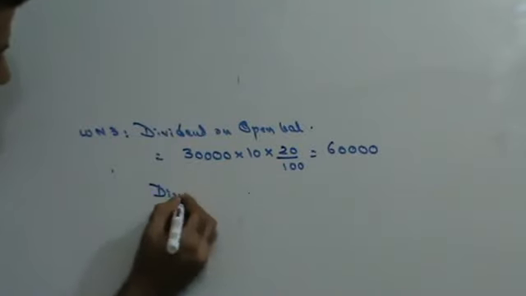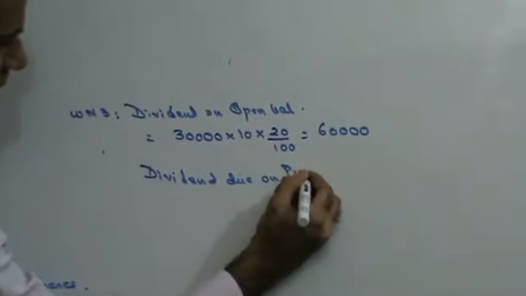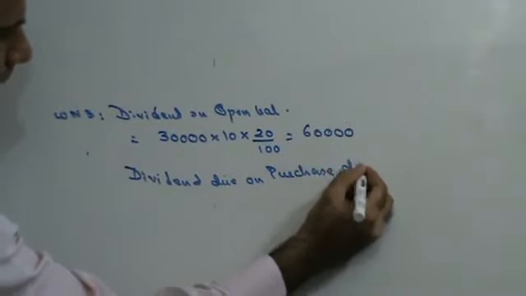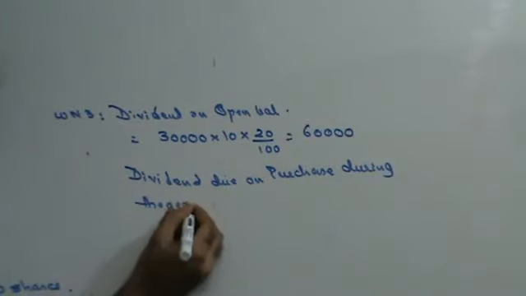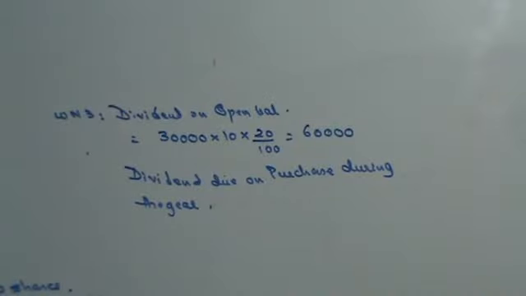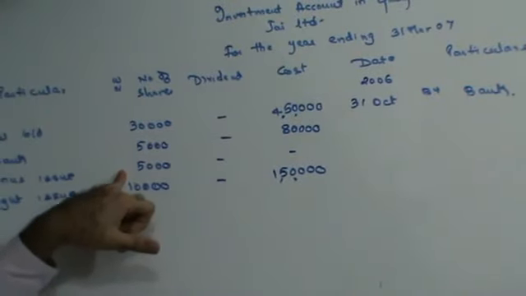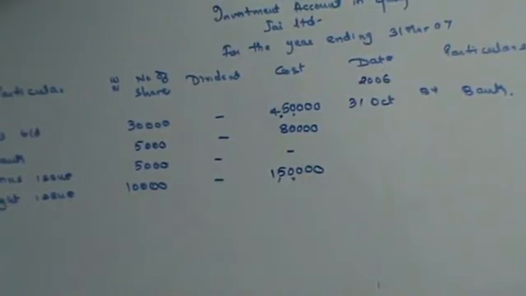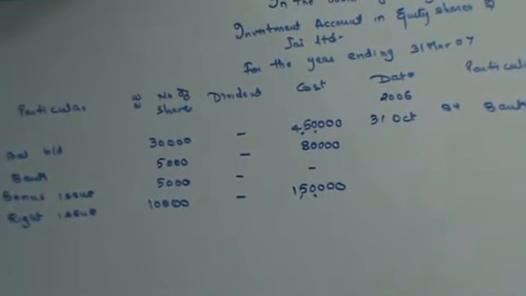Now, dividend due on purchase during the year. Please pay attention here. This is another entry where most of the students make a mistake. You have purchased shares of 80,000. This was bonus. This was rights issue. On any gift or benefit given to you by the company, in that particular year you do not get dividend.